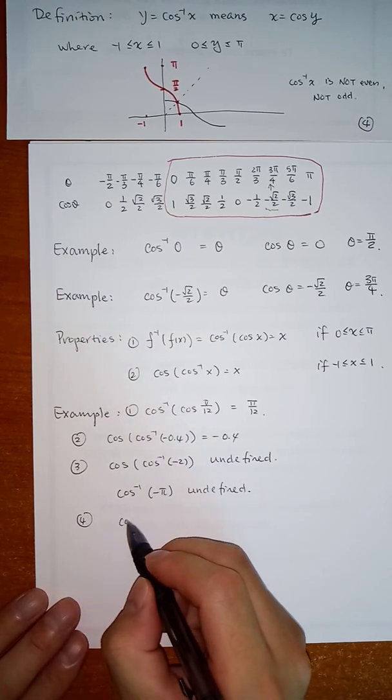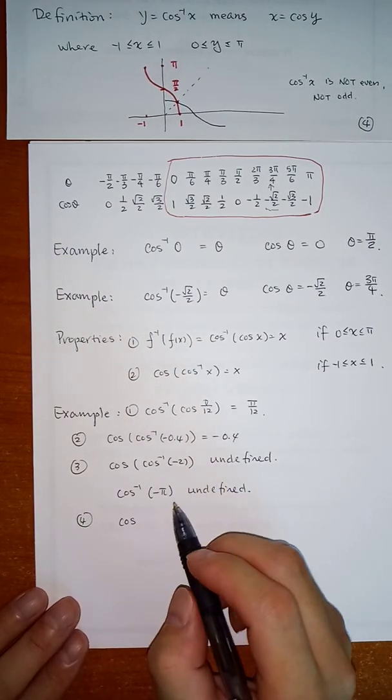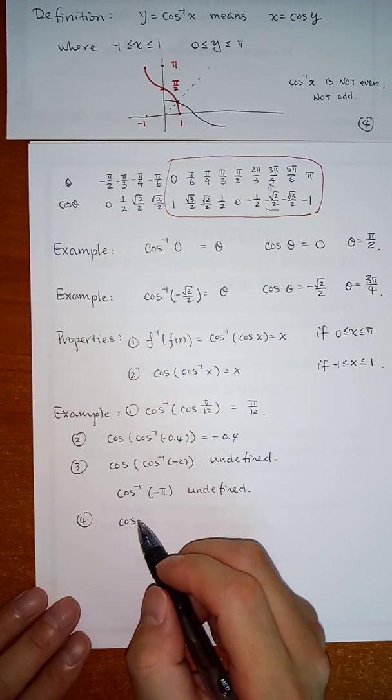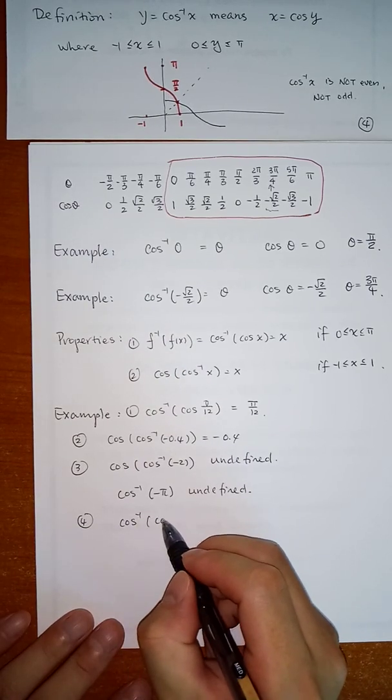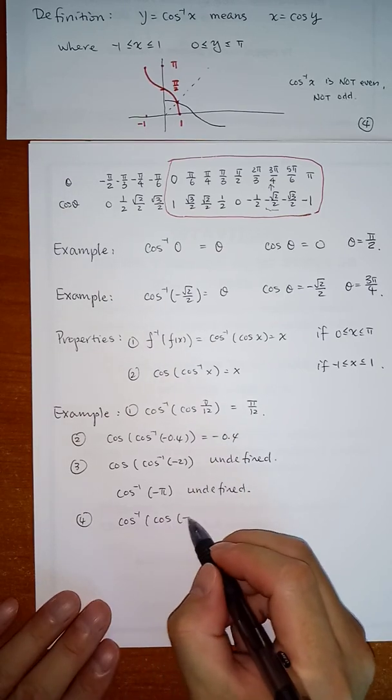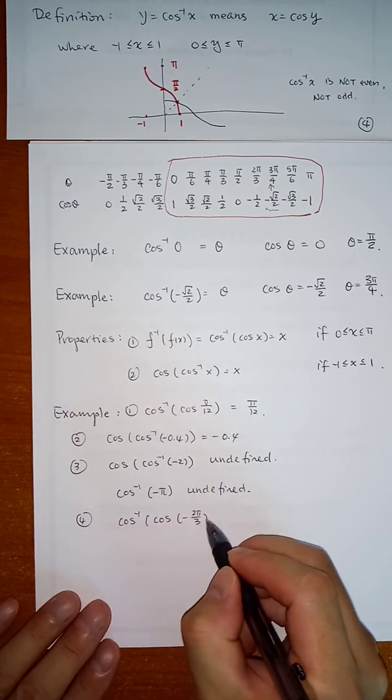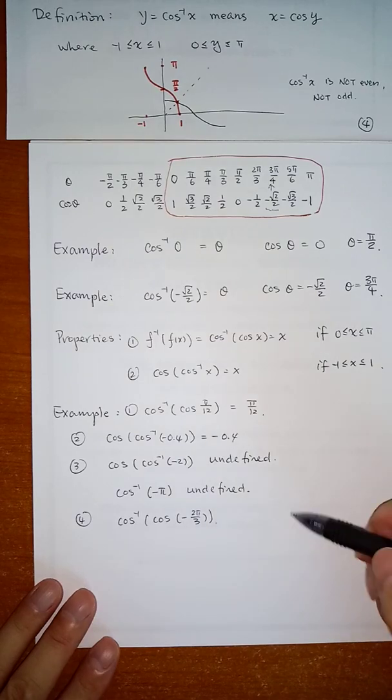Now cosine inverse of cosine of -2 pi/3.